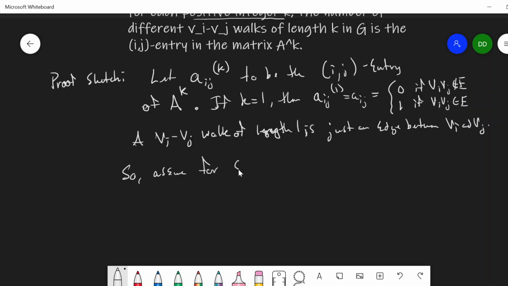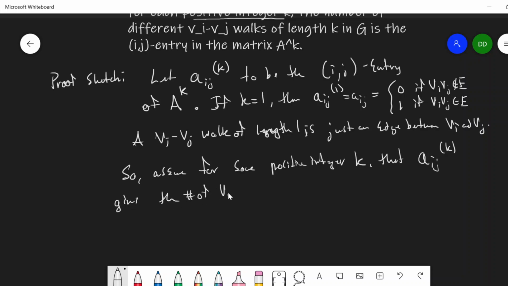So assume for some positive integer K that the ij entry of the matrix A to the K gives the number of Vi-Vj walks of length K. So there's our induction hypothesis.